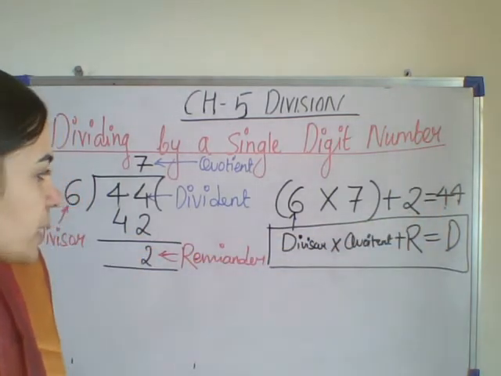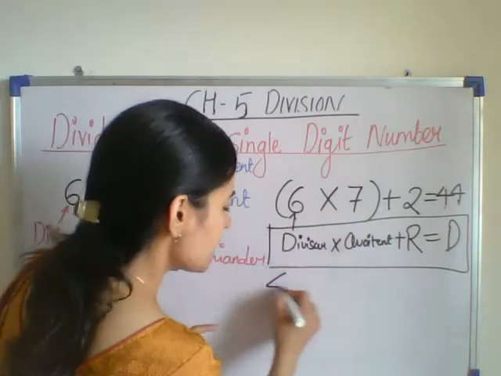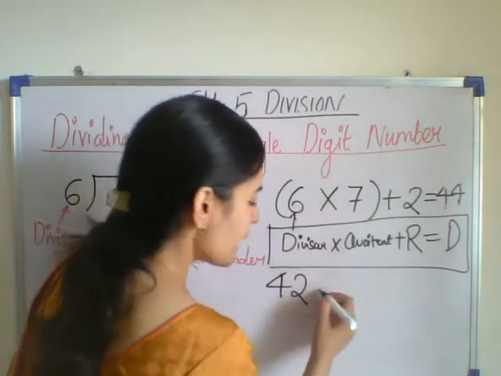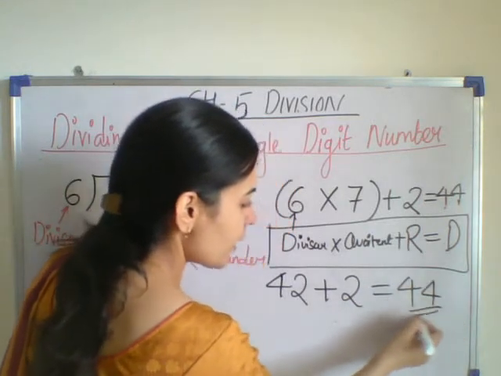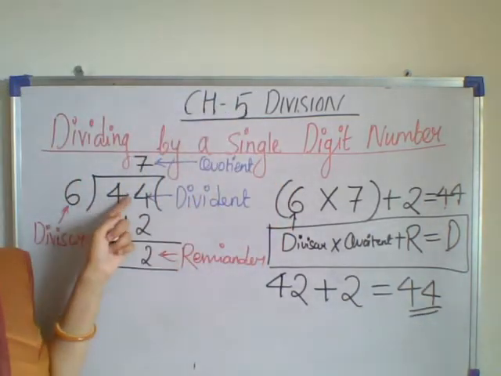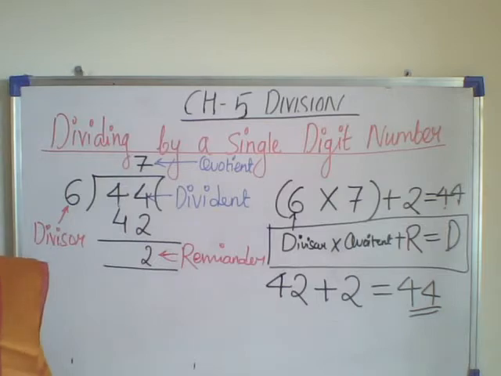So let us do it. 6 sevens are 42 plus 2 is equal to 44. And what is the dividend here? It is 44. So it means that the division that we have done is correct.